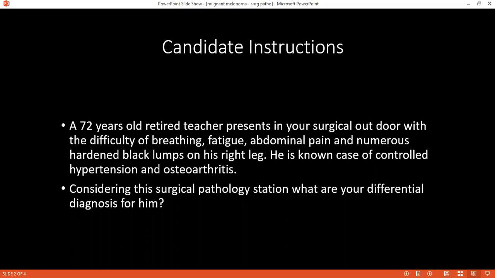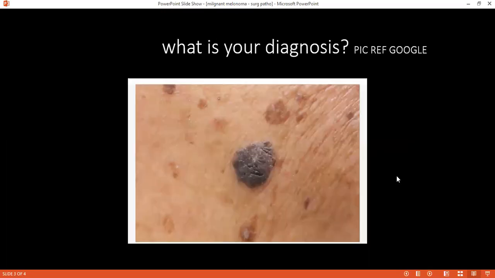If you have to differentiate a malignant melanoma lesion, what are the macroscopic features and what are the microscopic features that you go for? Macroscopic features: usually they are asymmetrical lesions of different size. They have an irregular border, color variation, and an elevated surface.